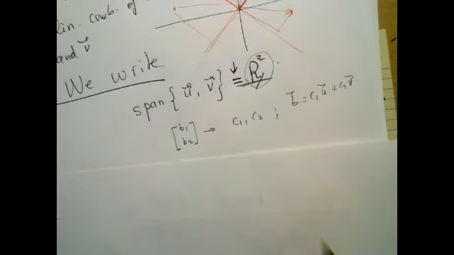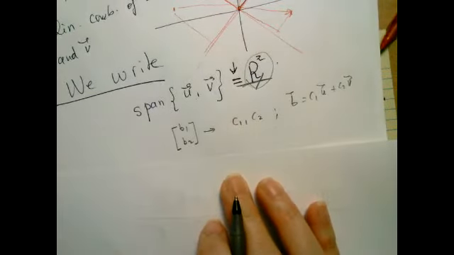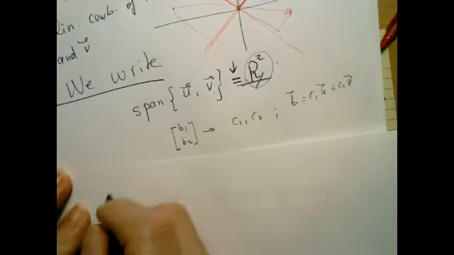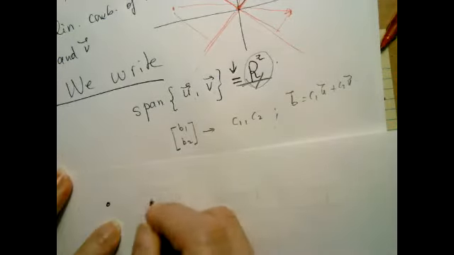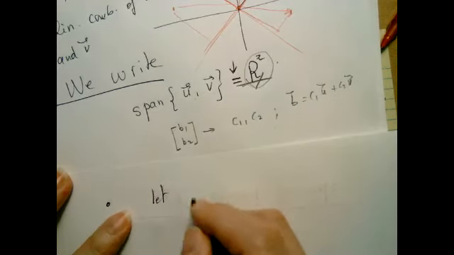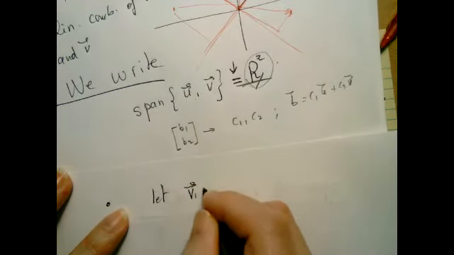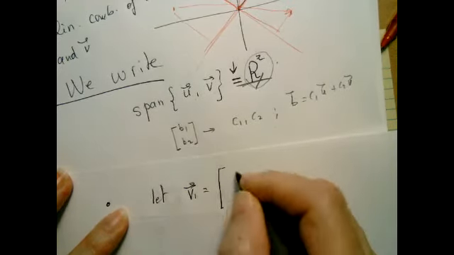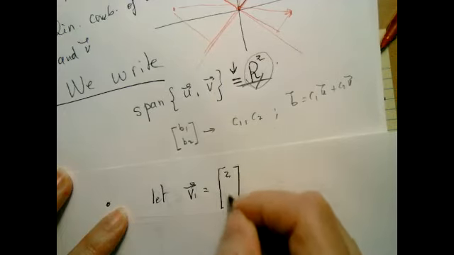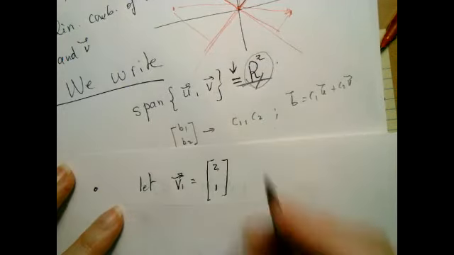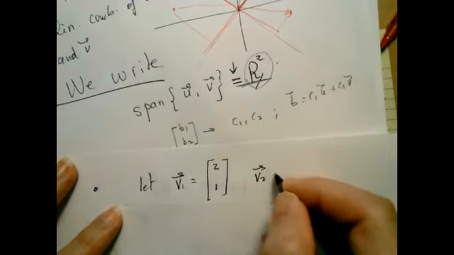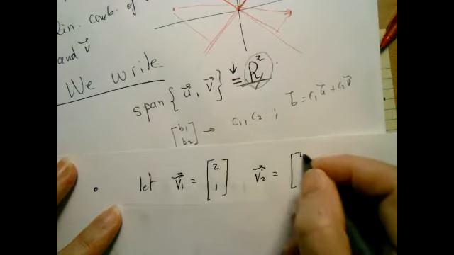Suppose I take the following example, or the following question, question number 2. Let me call it V1 instead of calling it U. Suppose V1 is equal to (2, 1), and V2 is (4, 2).